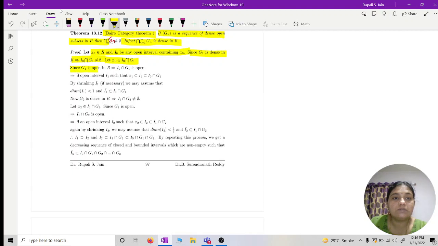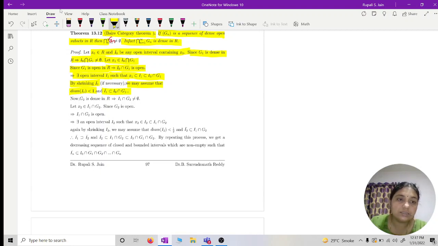Now since G1 is open in R, I0 intersection G1 is open. So there exists an open interval I1 such that x1 is contained in I1, which is contained in I0 intersection G1. Now by shrinking I1, we may assume that the diameter of I1 is less than 1. So I1 closure is contained in I0 intersection G1.